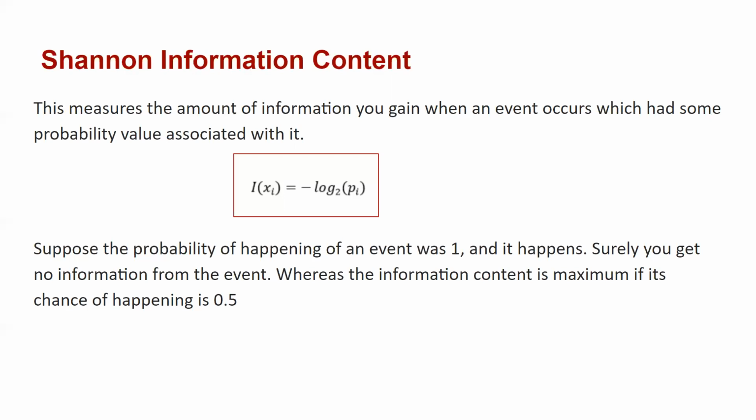Here also, let me give you an example. If I say that the sun rises from the east, did I give you some meaningful, informative sentence? No, I did not, because the information there was 0.